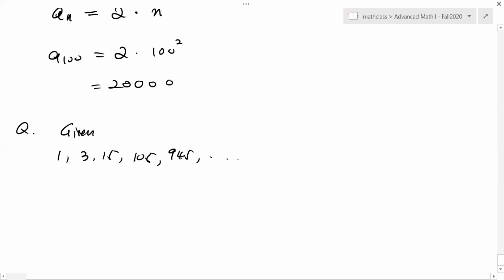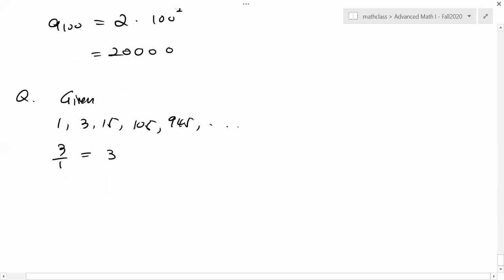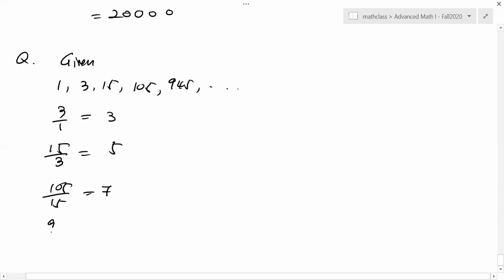We haven't tried the geometric sequence yet. So what we do is 3 divided by 1. I try to see it's not a geometric sequence, but I will see some pattern. 15 over 3 is 5. 105 over 15 is 7. And 945 divided by 105 is 9. So this is a really nice sequence.